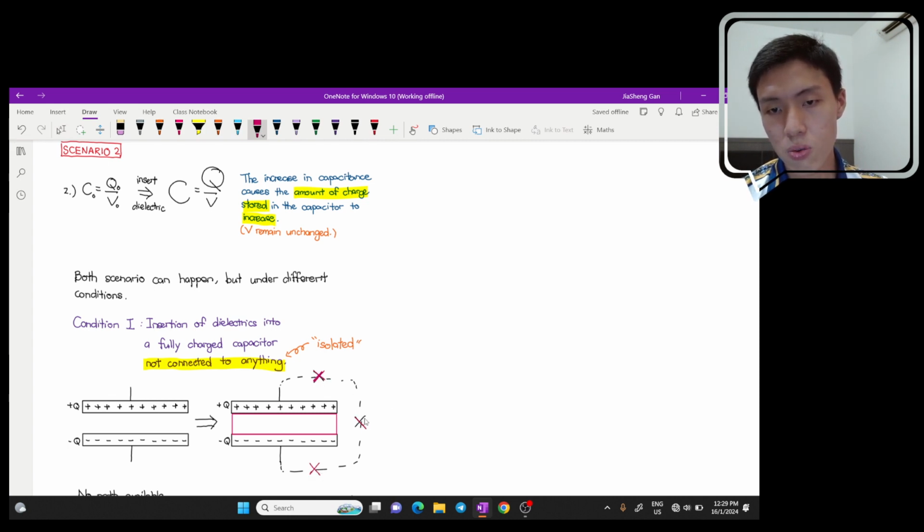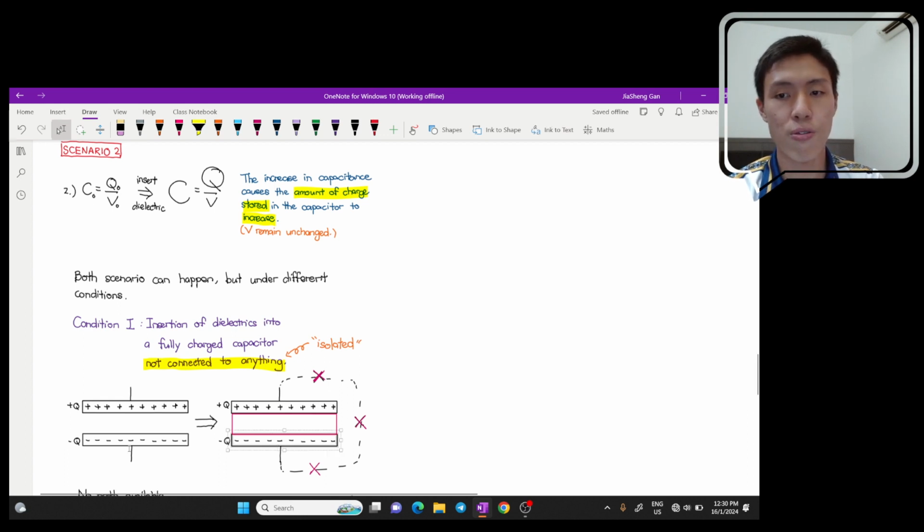There's no way for our charges to go back from the positive plate to the negative plate. It just cannot be done because there is no path available for it to move from the positive plate back to the negative plate. So because of that, we already removed the possibility for the charge stored in the capacitor to change. The charge stored in the capacitor must remain unchanged because we cannot let the charge flow out, we cannot let the charge flow in anymore. So the Q must remain constant in this case.